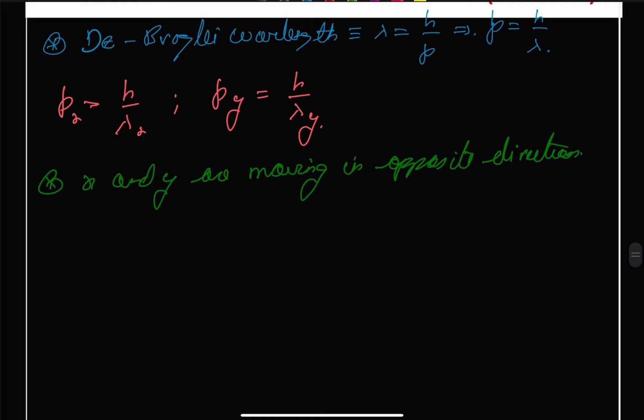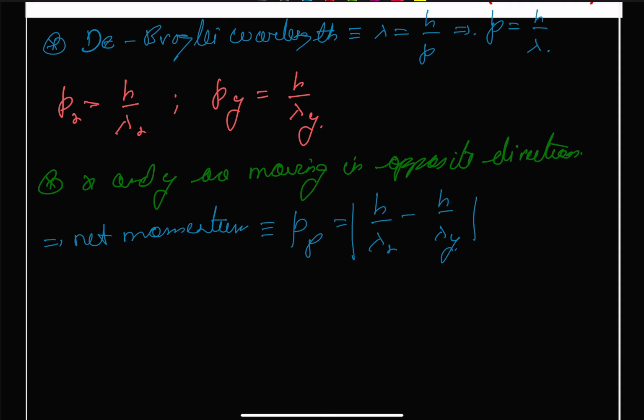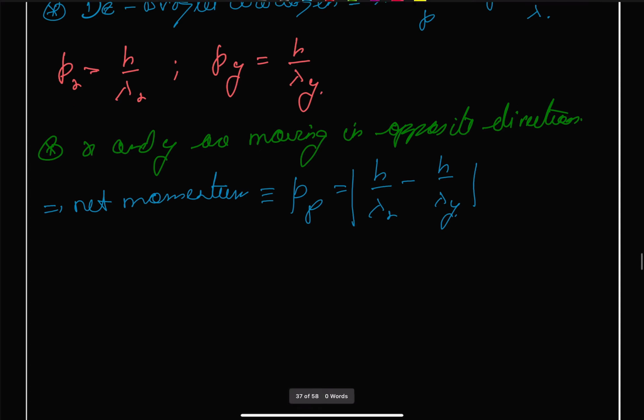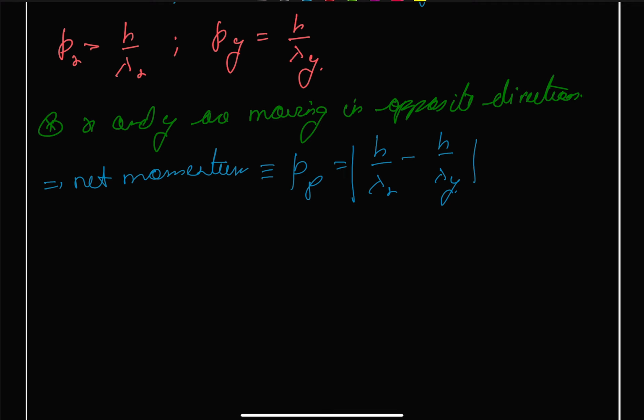Therefore, net momentum, which will be momentum of particle P, will be equal to h upon lambda x minus h upon lambda y, and we can just take their modulus depending upon the magnitude, and we can take h as common, so this comes as h times 1 upon lambda x minus 1 upon lambda y.